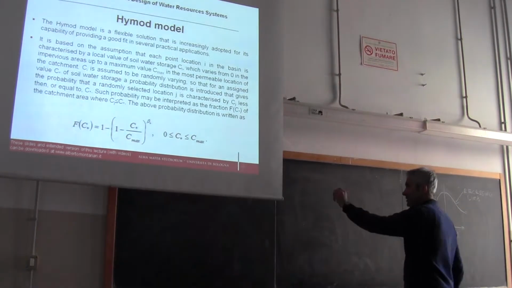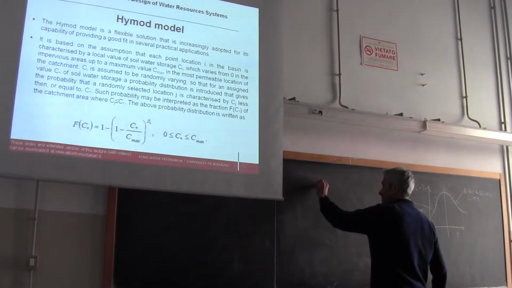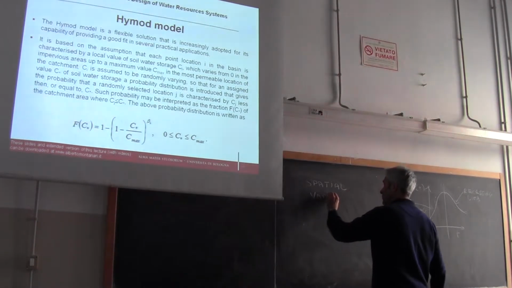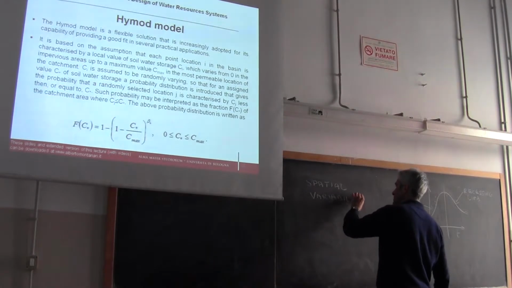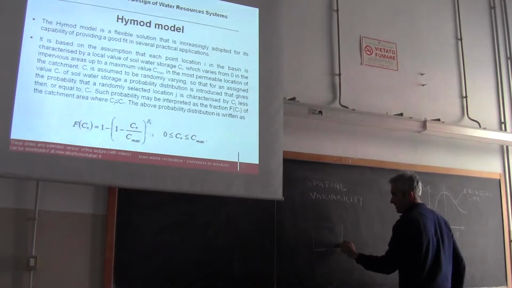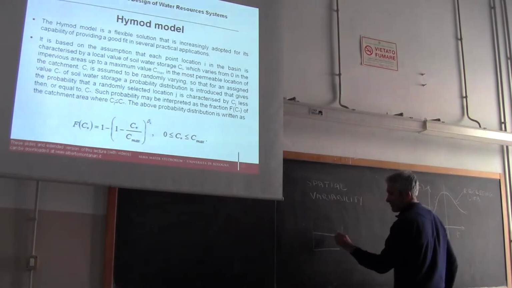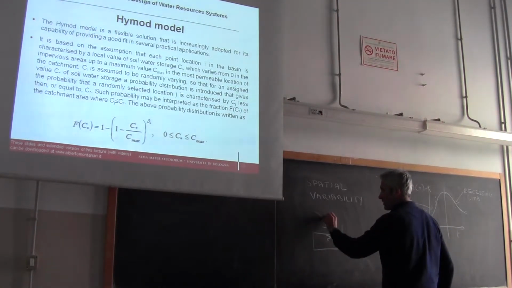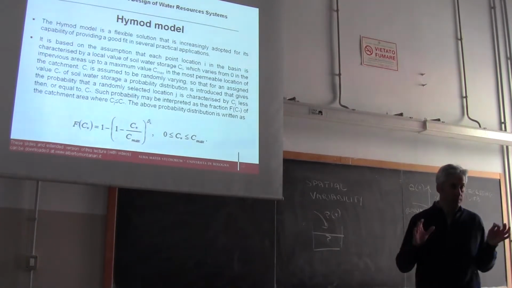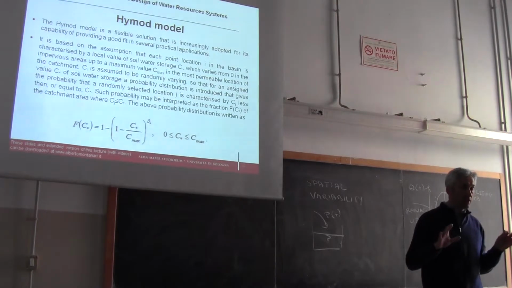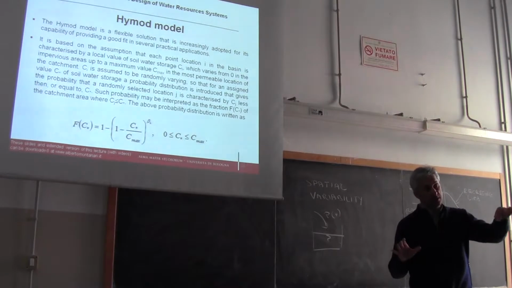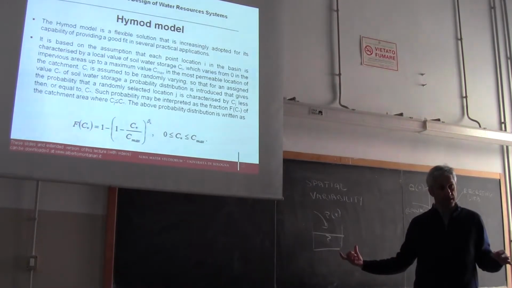Spatial variability is extremely important in hydrological modeling. The models that we considered so far assimilate the catchment to a tank with a unique input rainfall, which is implicitly assumed to be spatially constant over the catchment, over the tank.